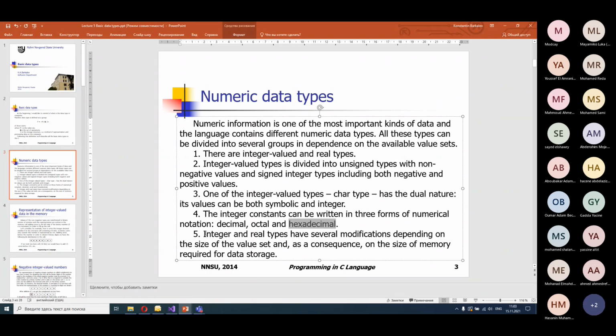And the last remark is that integer and real types have several modifications according to the size of the value set, the size of the memory required for the data storage, and so on.